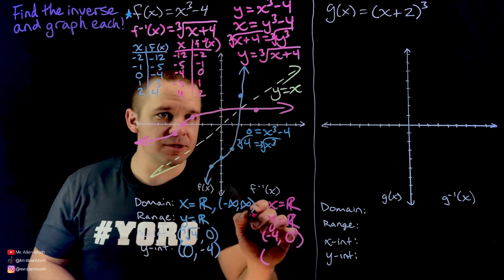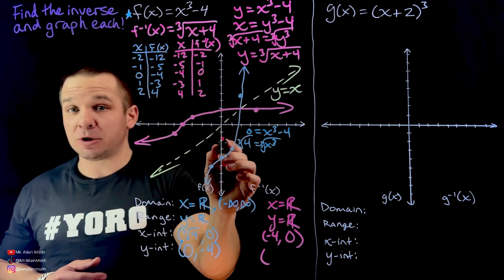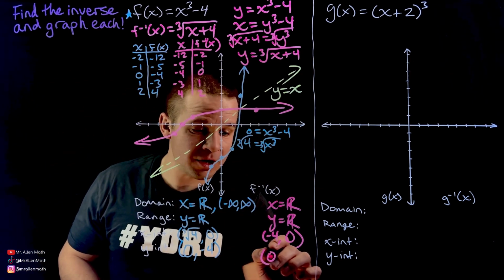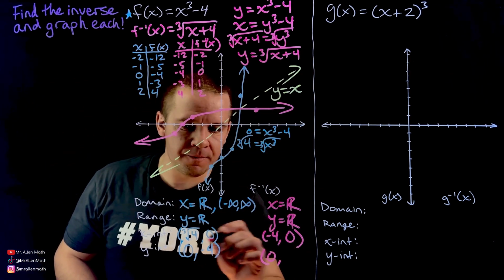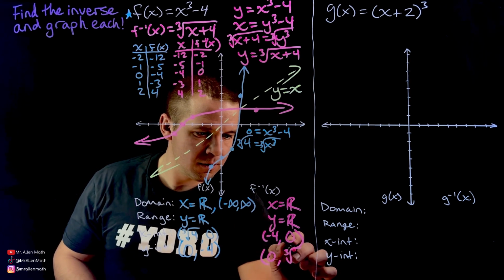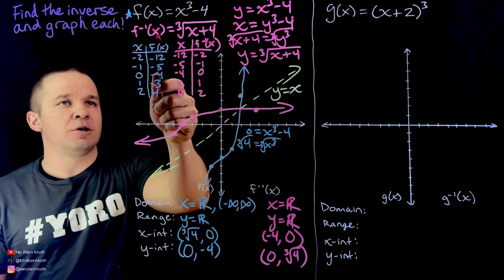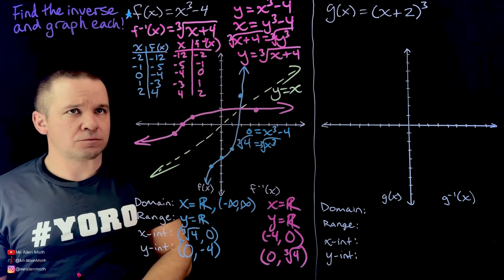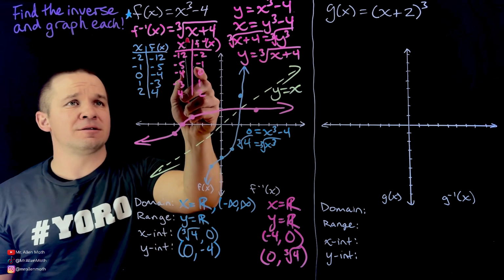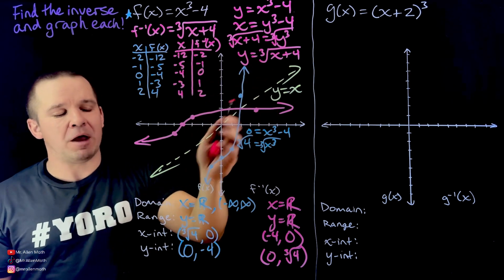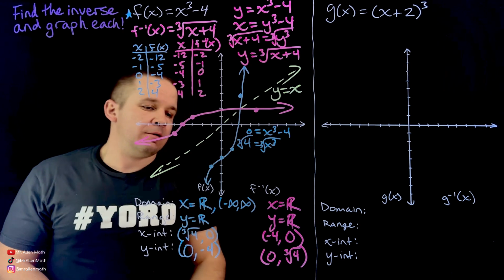And my y-intercept looks like somewhere between 1 and 2, right? This is going to be 0, comma, cube root of 4. Which we could solve if we plugged in 0 for x: 0 plus 4 is 4, cube root of 4. That works out. Cool. All right.